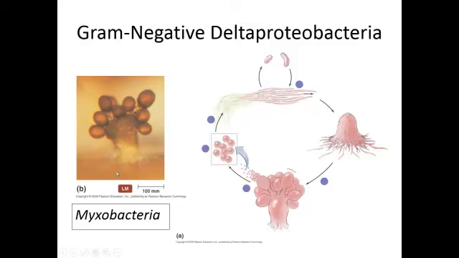So these guys alternate between living as individual cells that live in the soil, they glide along, eating bacteria and other types of things. When food gets scarce, they start emitting signals that cause them to gather, and they form this fungi-looking fruiting body.